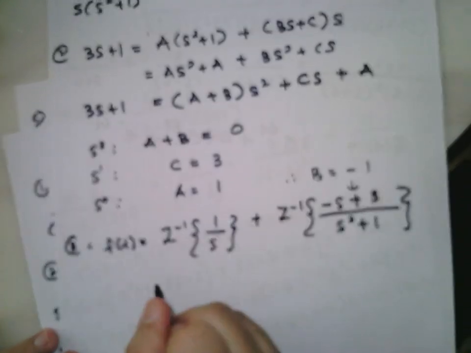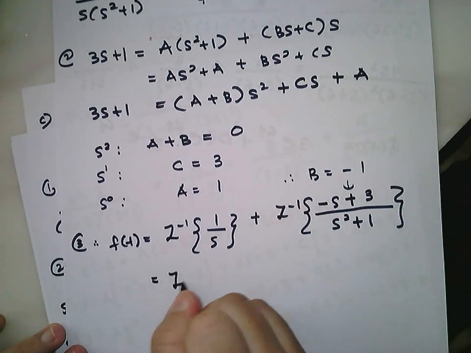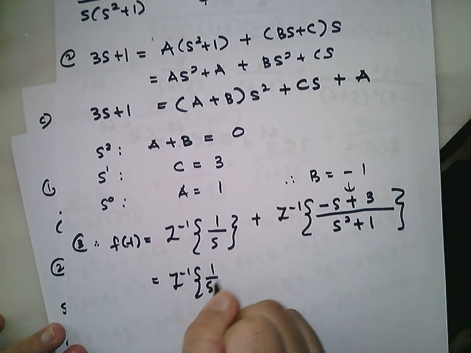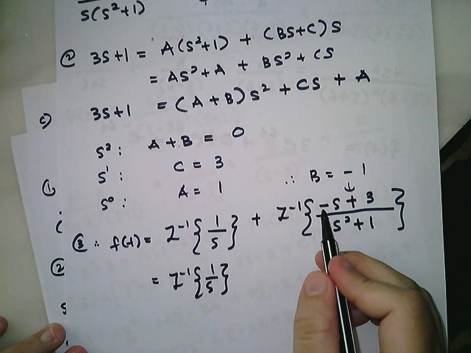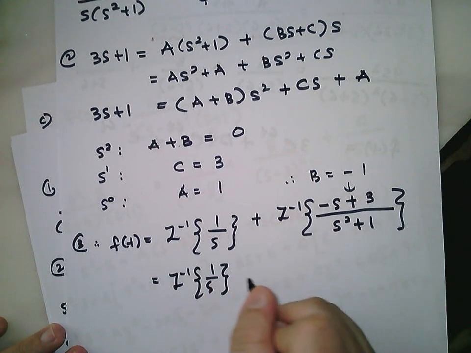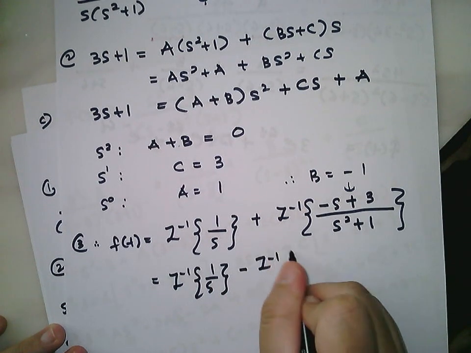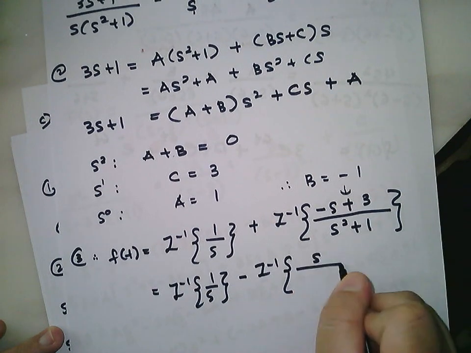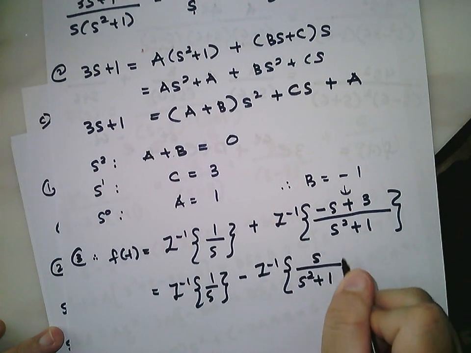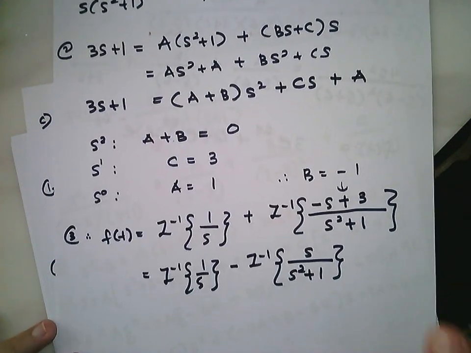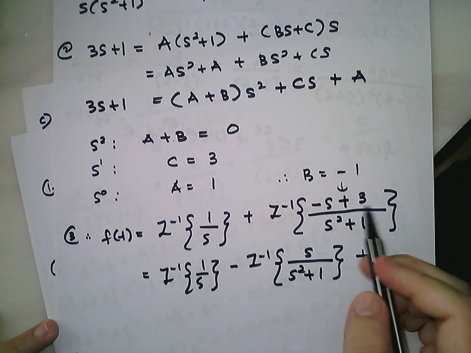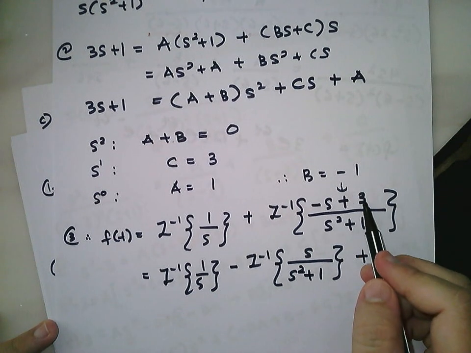Therefore you have the inverse of 1 over s, and negative, so you can factorize. What is the first function? The inverse of s over s squared plus 1. Plus, what is the constant here? 3.